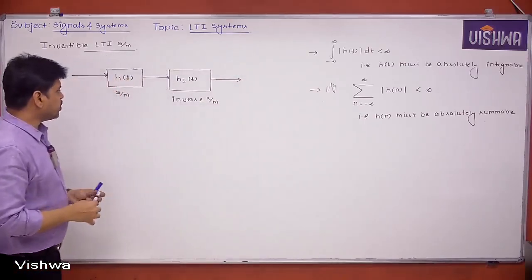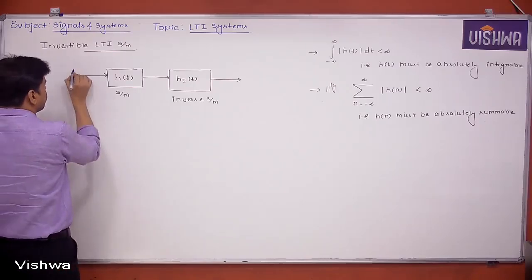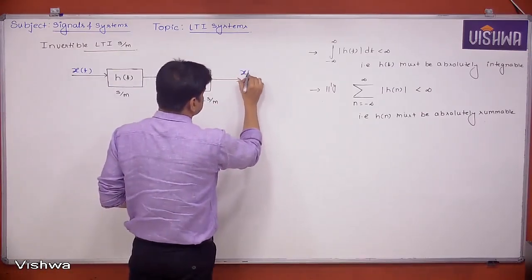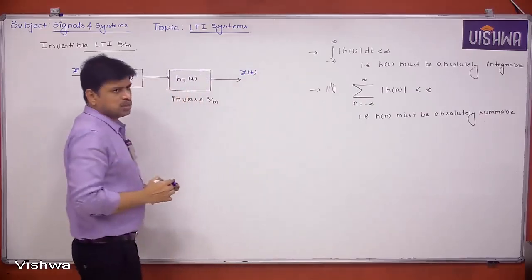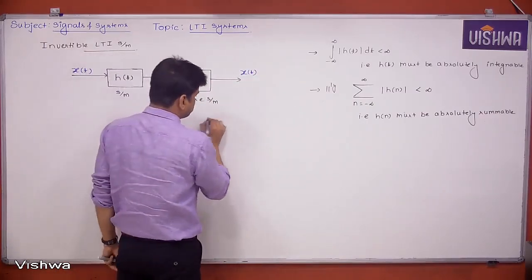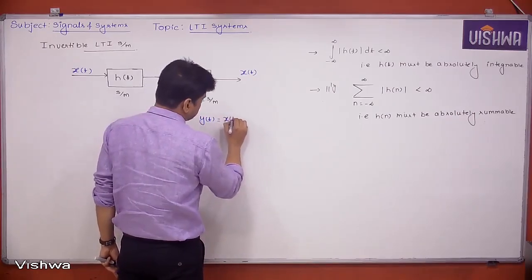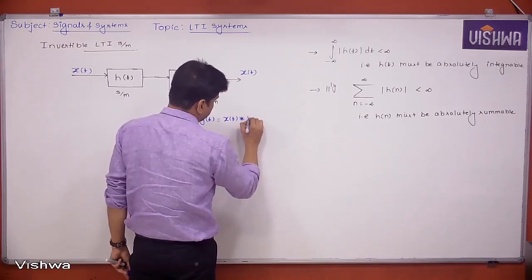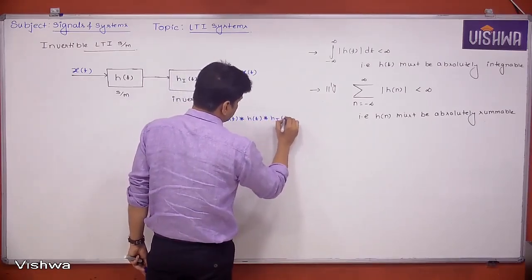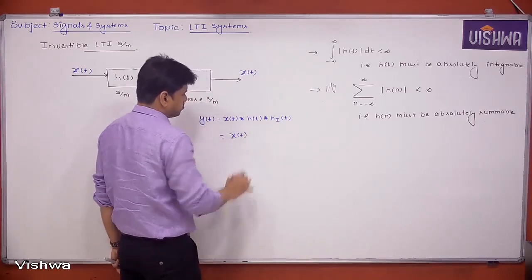Now what did I tell you? If the input is x of t, then the overall output must be x of t. So what is the output we are going to get here? y of t is equal to x of t convolution with h of t convolution with hi of t.